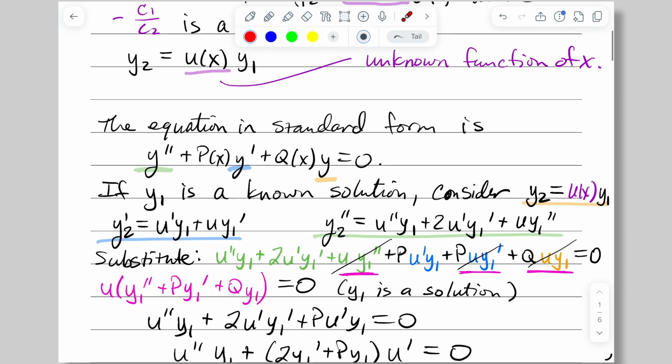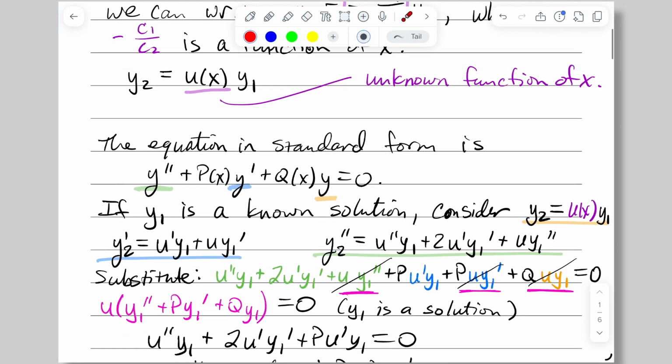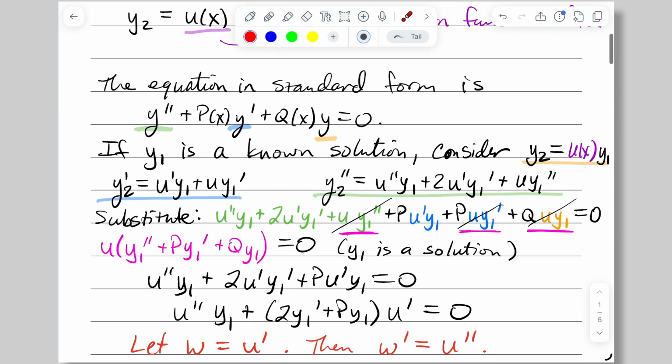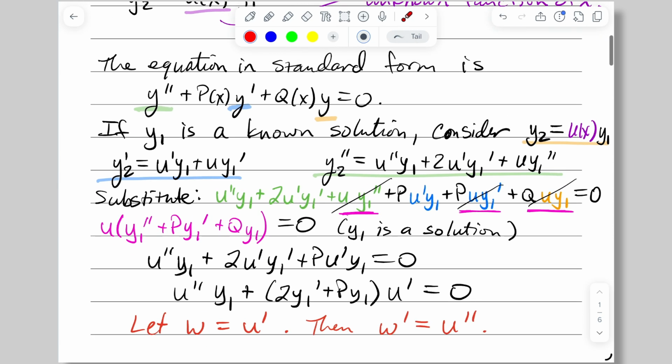It's not the case that I'm going to ask you to do this symbolically using u and some unknown y1. You'll see how it goes as our work progresses, but really what you need to remember is that y2 is equal to u times y1.